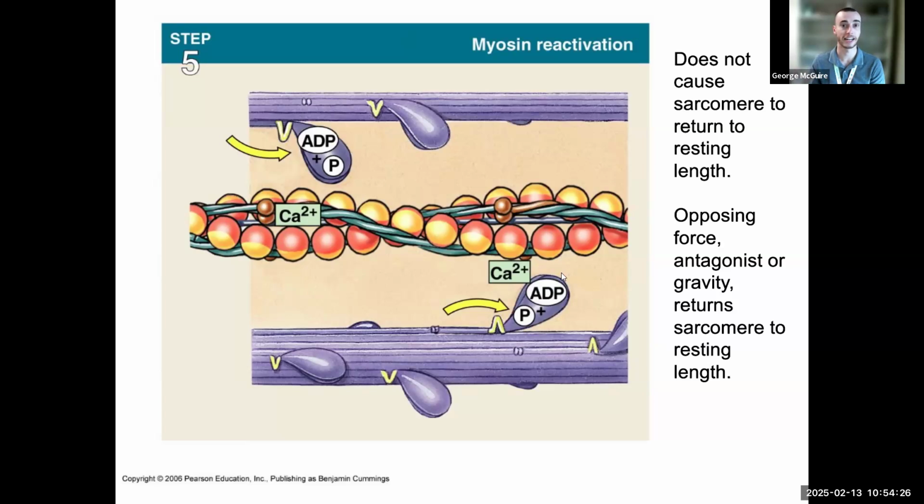But if the action potential has left already, the calcium will be cleaned up, and tropomyosin will cover the active site again. And now to get our muscles back to their resting length, there needs to be some sort of opposing force. They don't necessarily snap back to resting length from contraction. They will stay overlapped unless some other force like gravity or an antagonistic muscle pulls them apart.